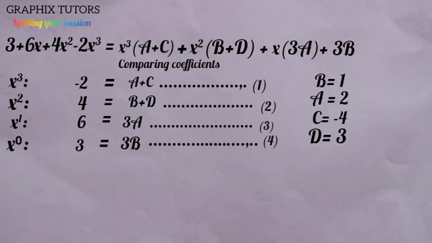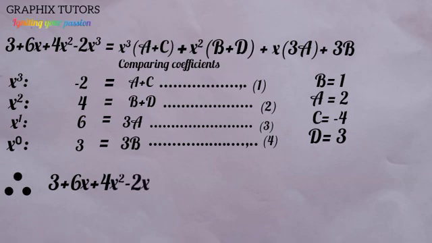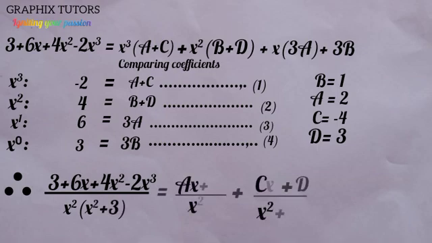So I will now say that, therefore, from the expression above, we have 3 plus 6s plus 4s squared minus 2s cubed all divided by s squared into bracket s squared plus 3 is equal to (as plus b) over s squared plus (cs plus d) over s squared plus 3. Our a is 2.